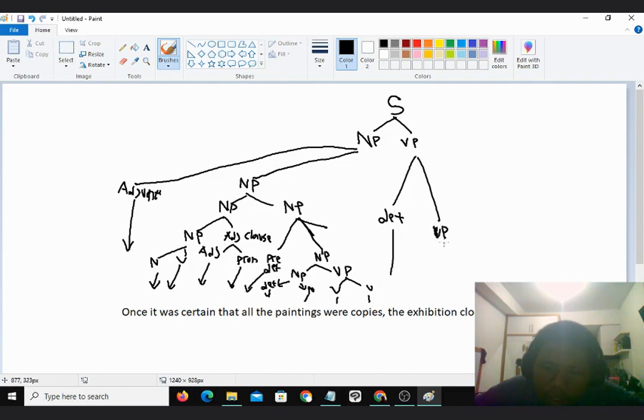So this is "the", and the verb phrase will be split into this noun and verb. No, I don't think this is going to be a verb phrase; this is going to be a noun phrase. No. Okay, verb phrase. That's it. Okay, I think that's it for this diagram for this sentence about adjunct: "Once it was certain that all the paintings were copies, the exhibition closed."